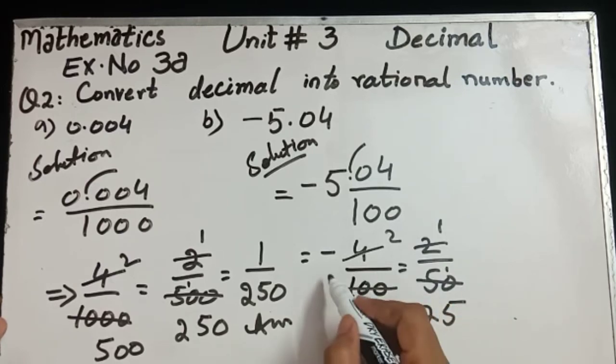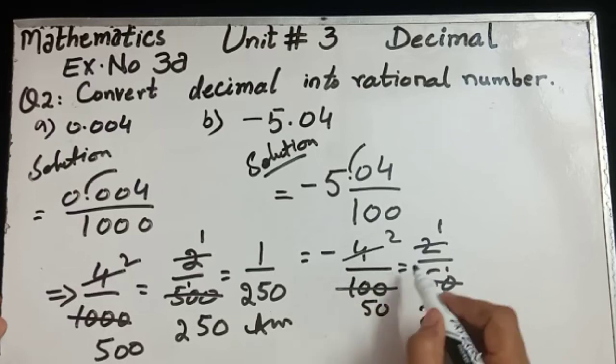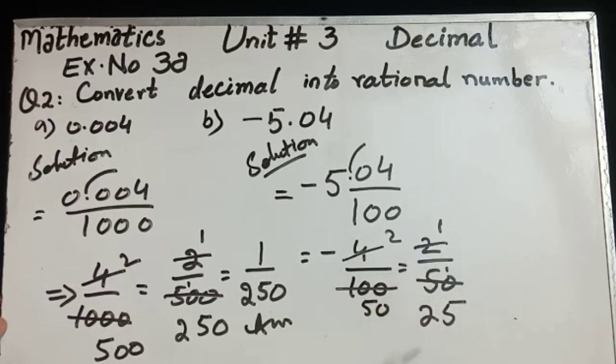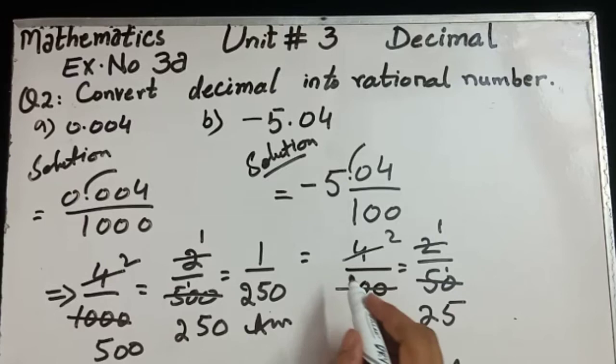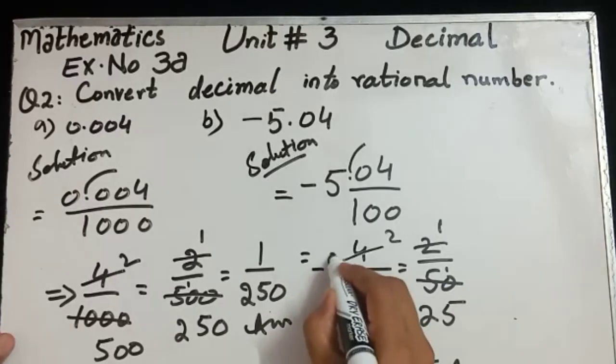Okay, whole number as it is copied down. So the final answer is minus 5 whole number 1 upon 25, or it's up to you, as it is copied down, minus 5.